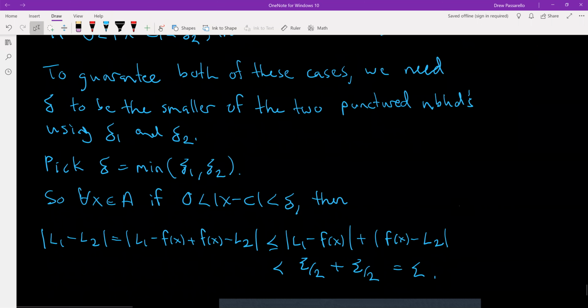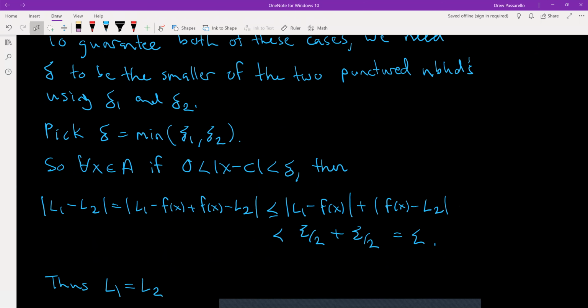So for all x in A, we have that if 0 is less than the absolute value of x minus c less than delta, then we have the following. The absolute value of L1 minus L2 equals, and this is where we add 0, and then we use the triangle inequality to get the absolute value of L1 minus f of x plus the absolute value of f of x minus L2.